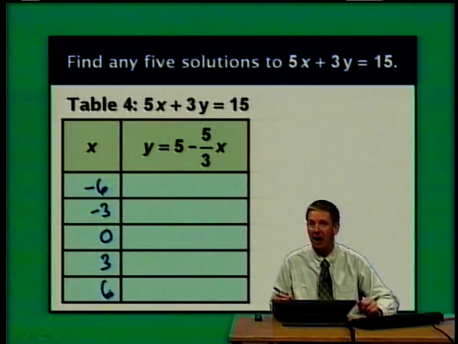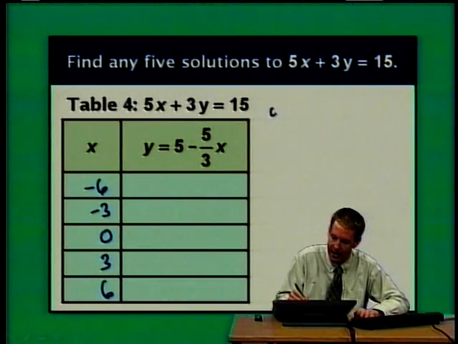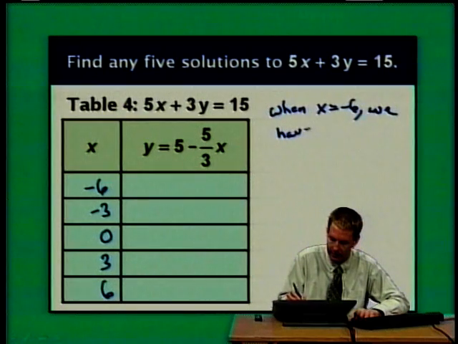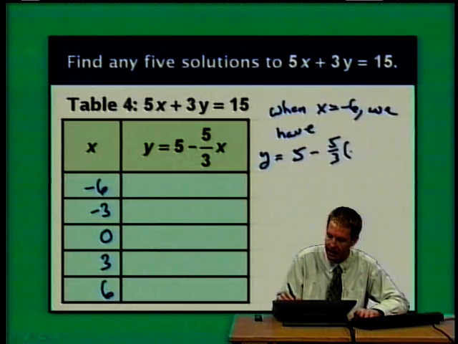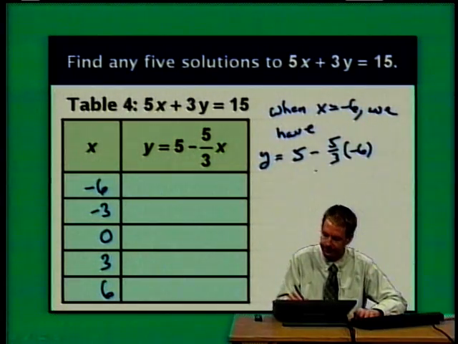I think the first computations are complicated enough that it'd be worth doing a little bit of scratch work to figure them out. So when x is negative 6, we have y is 5 minus 5/3 times negative 6.